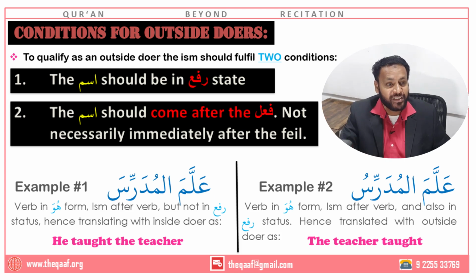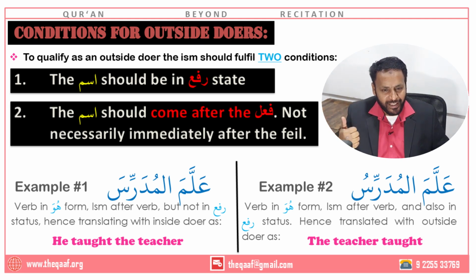So I should be extra careful. It's huwa. So what do I do? Well, check if there is an outside doer. Is there an ism after the verb? Yes, there is an ism. Oh, good. 50% completed. Now the second condition: is the ism rafa? Al-mudarrisa, is it rafa?